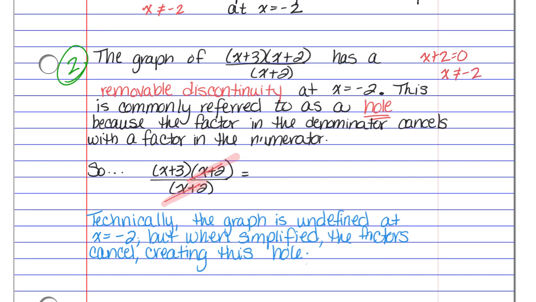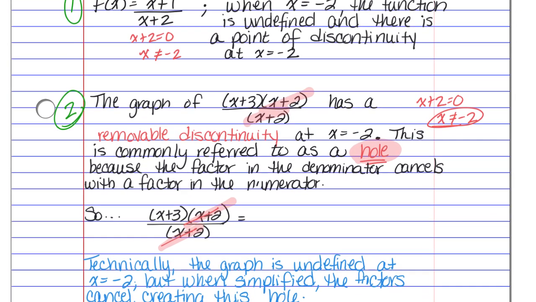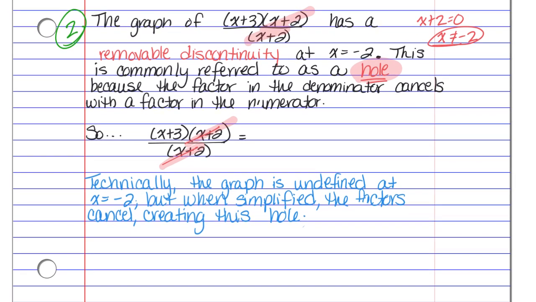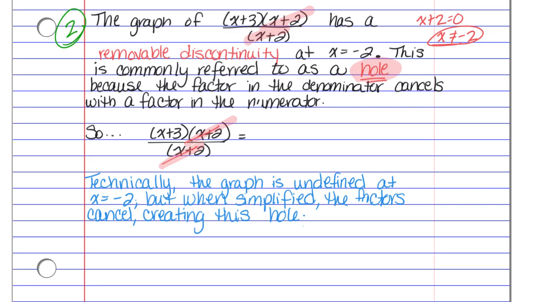So I do have a point of discontinuity at x is equal to negative 2. However, those 2 factors do cancel out, so we call it a removable discontinuity. What removable discontinuities do is simply create a hole in the graph, whereas non-removables create asymptotes.